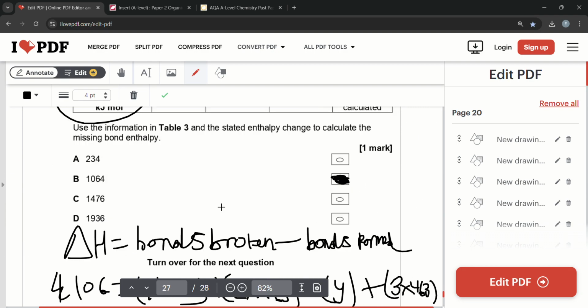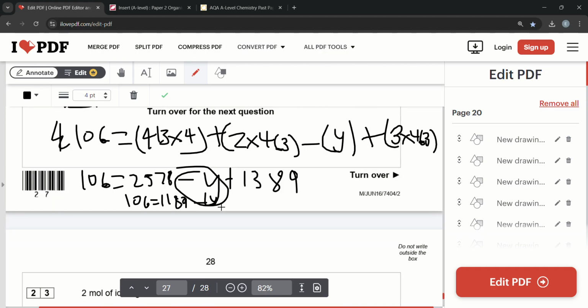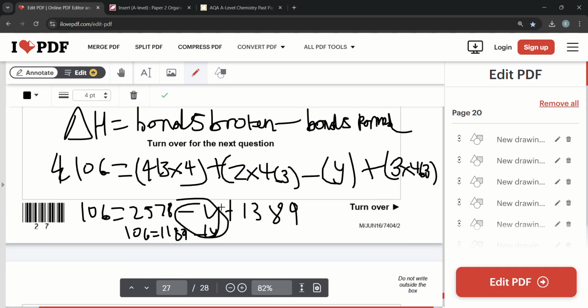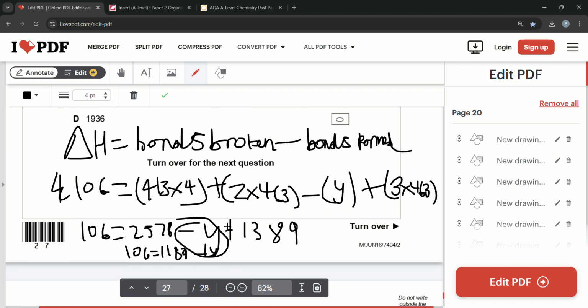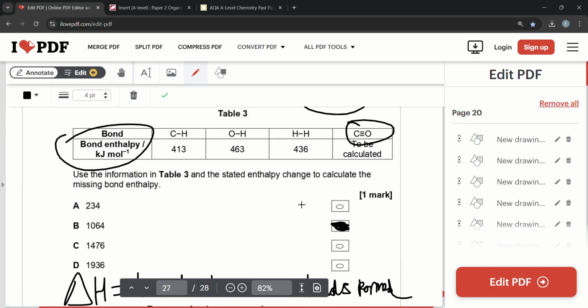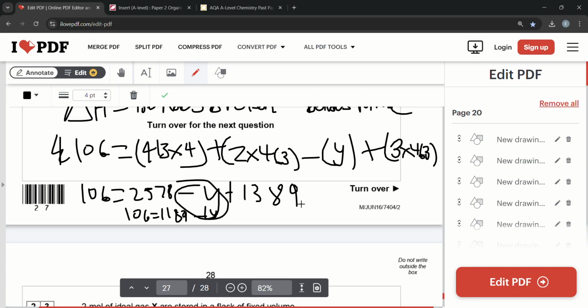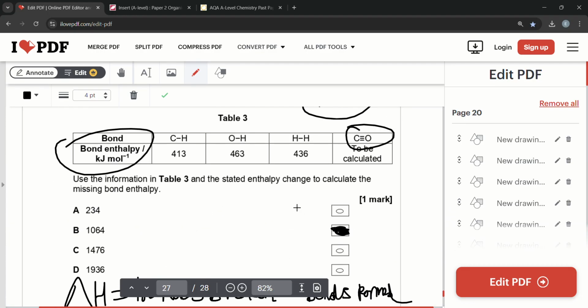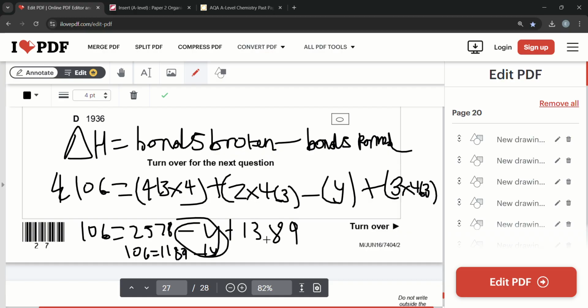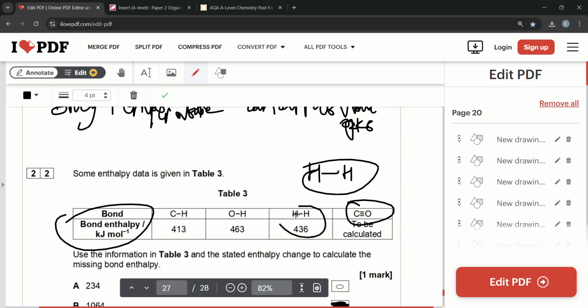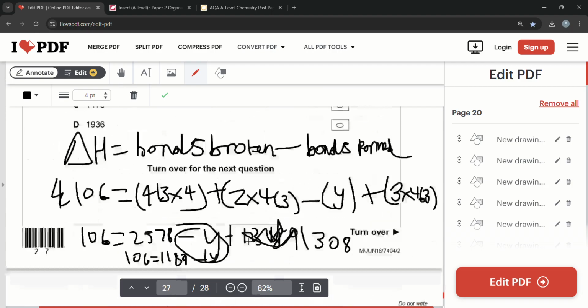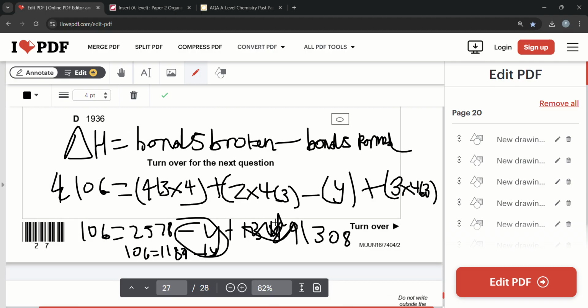Let's think about it. 413 times by 4 plus 2 times by 463. 2578 minus y plus 3 times by 463. 463 times 3 is 1308. I was confused between the H-H bond enthalpy and the O-H bond enthalpy. That's what I did. So then, yeah, 2578 minus 1308, 1270.